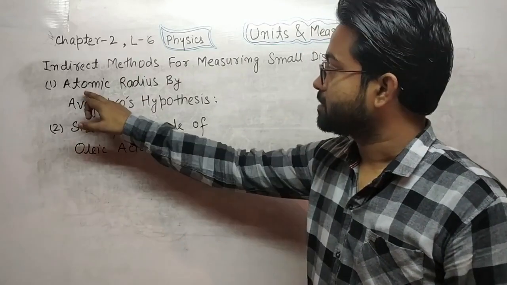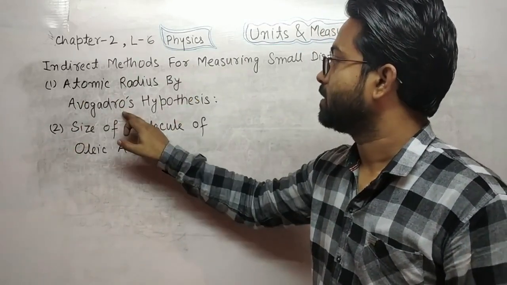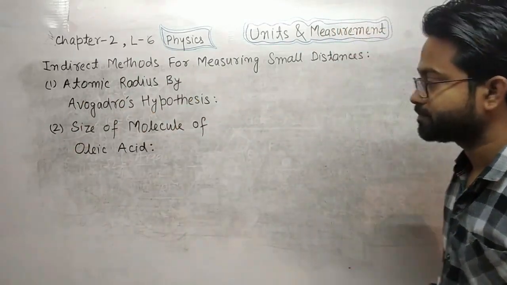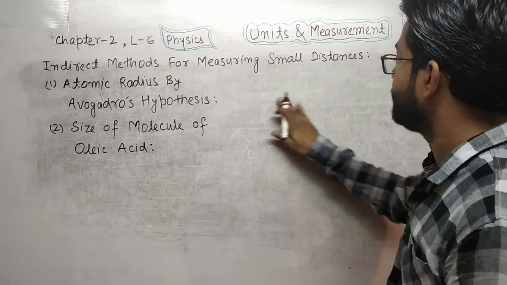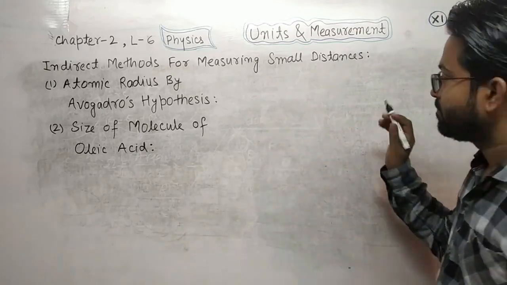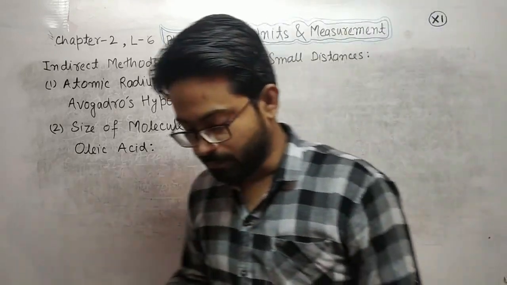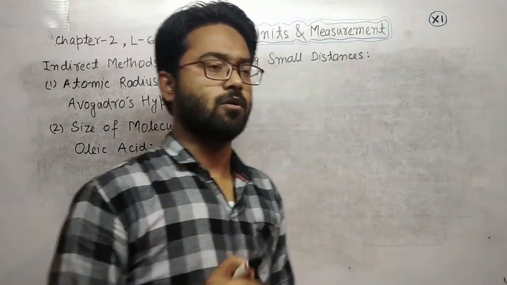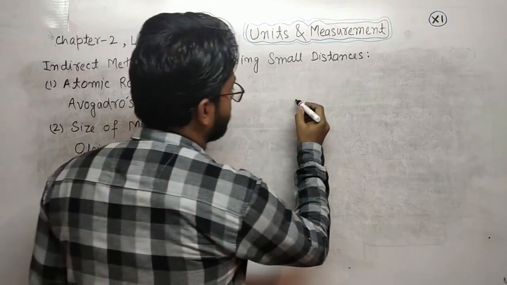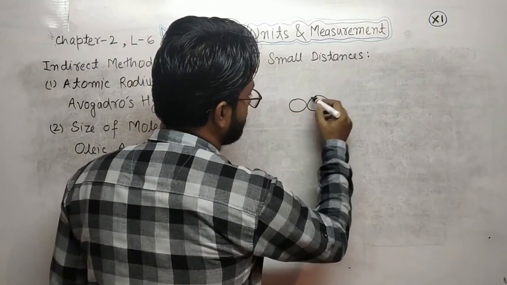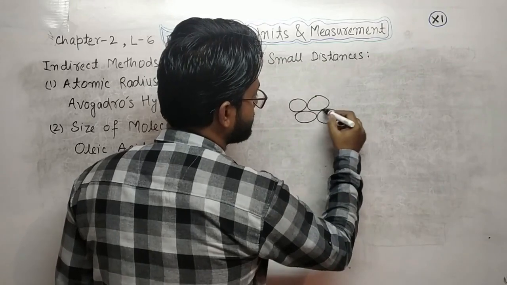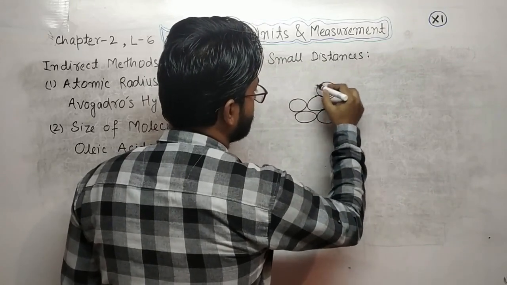Before discussing atomic radius by Avogadro's hypothesis, we will say that any substance is made up of very small atoms or molecules. These are the atoms.